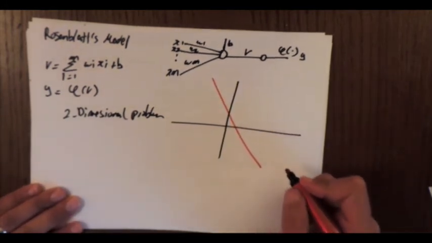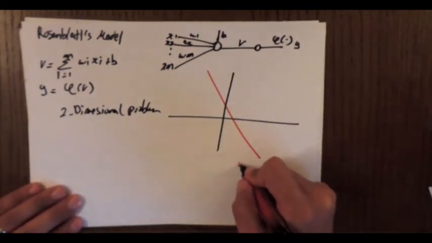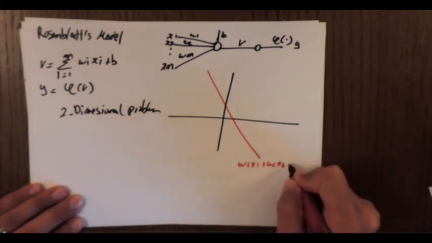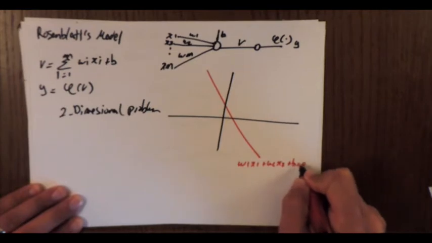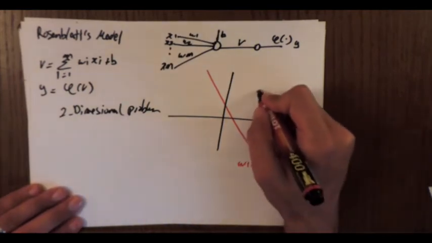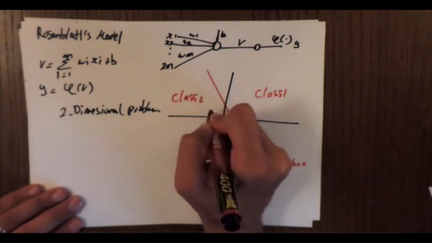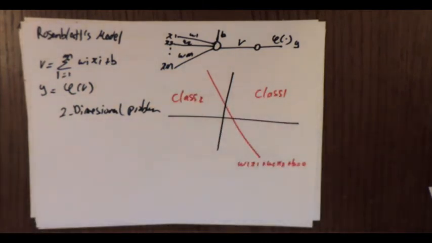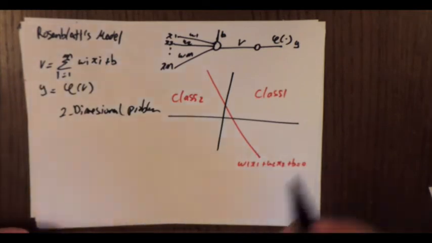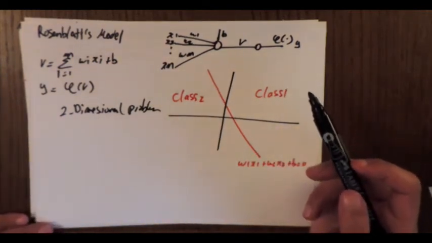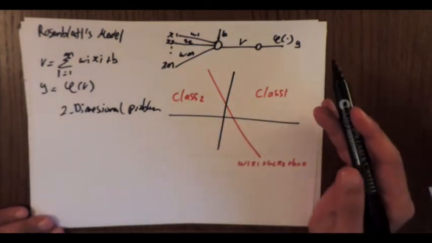I have a line, which I'm going to call w1 x1 plus w2 x2 plus b equals 0, and here I have class 1 and here I have class 2. What the Rosenblatt does is train the network in a way that separates my data into two classes.